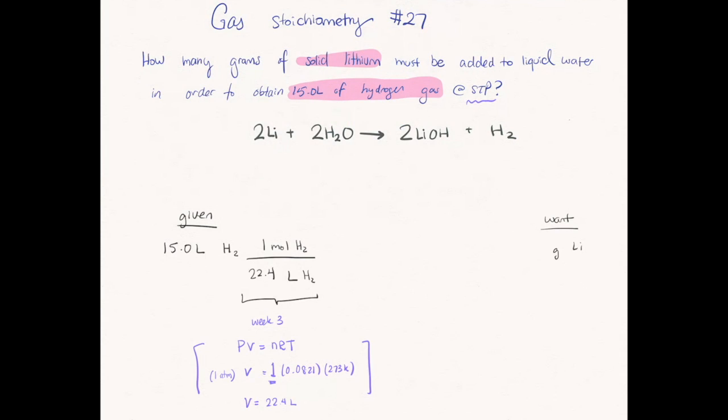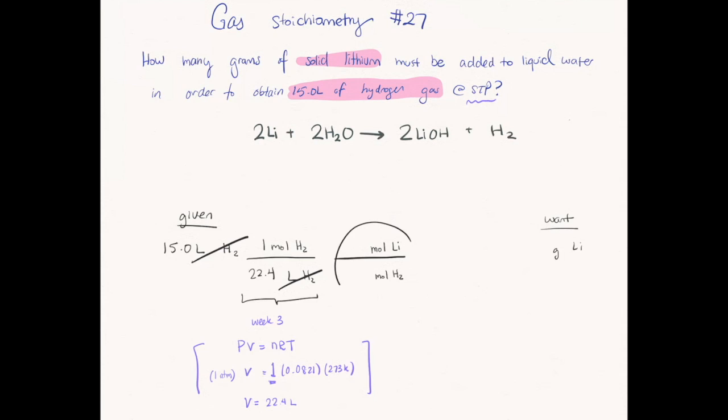Okay, so now my liters of hydrogen will cancel with each other, and I'm in moles of H2. Well, I would like to get to lithium, so moles of H2 on the bottom, and we learned back in week 2 that you can convert moles of one thing into moles of another thing.